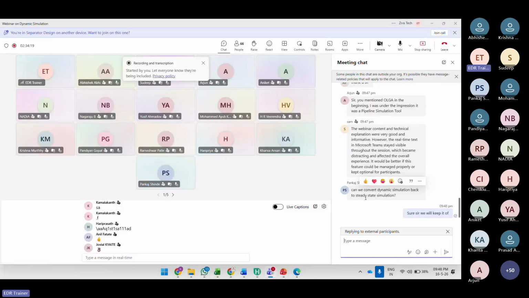Can we convert dynamic simulation back to steady state? No, actually, you can convert, but the problem is that when the dynamic simulation runs for a time, it will keep those values in memory. You can do the reset button, but then you have to ensure that it has come back to a steady state simulation.